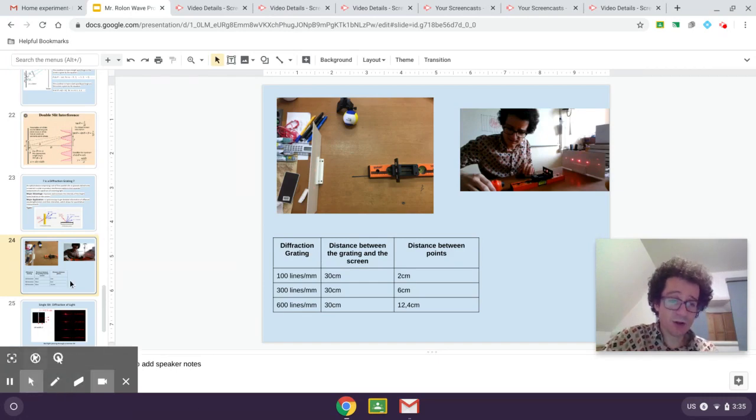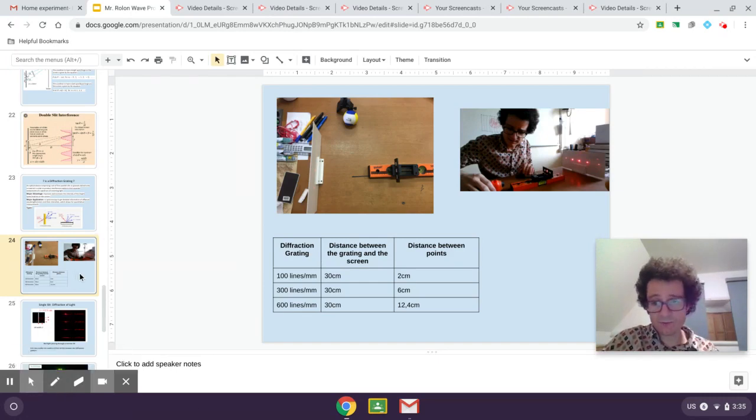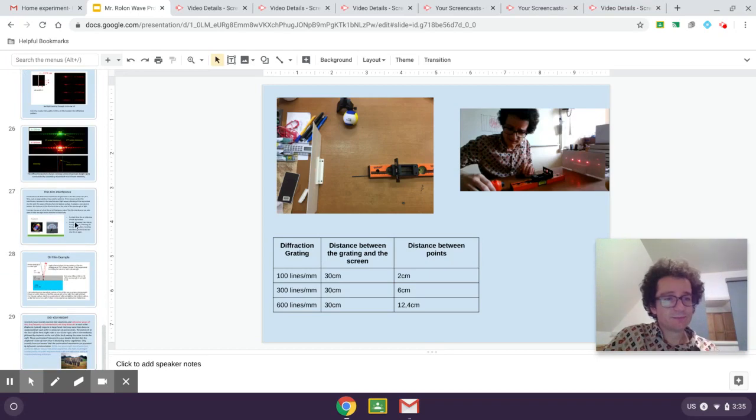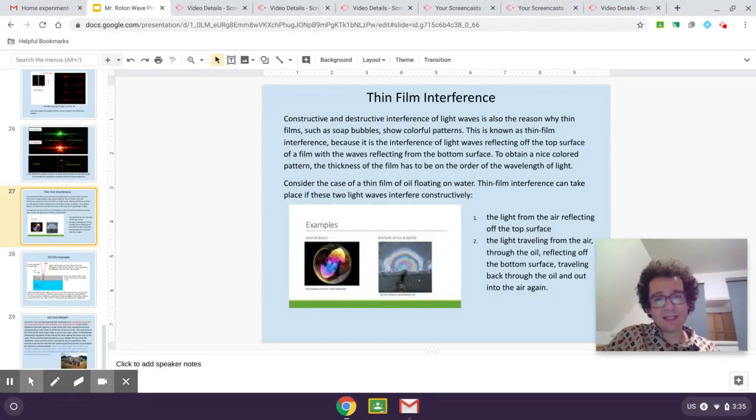For your homework, you have to fill out a Google form. You have to read about thin film interference. Just with these last three slides, it's enough.